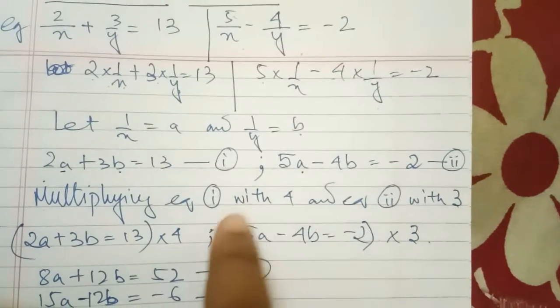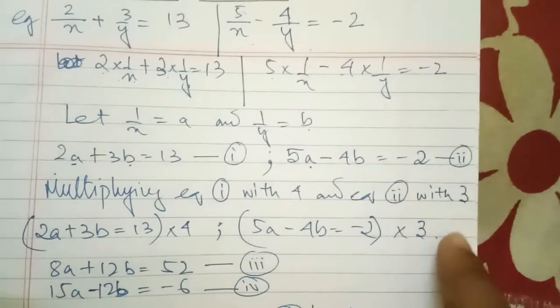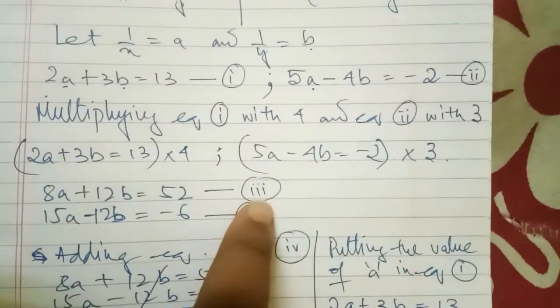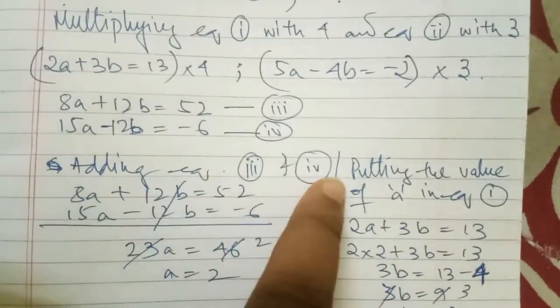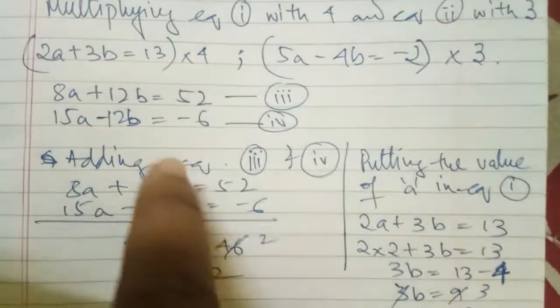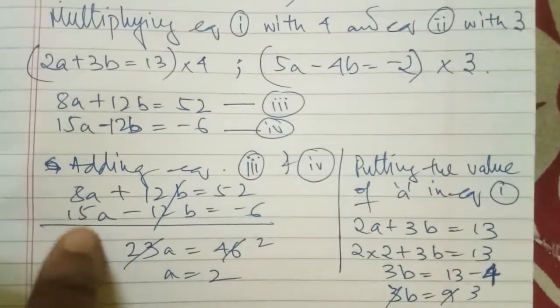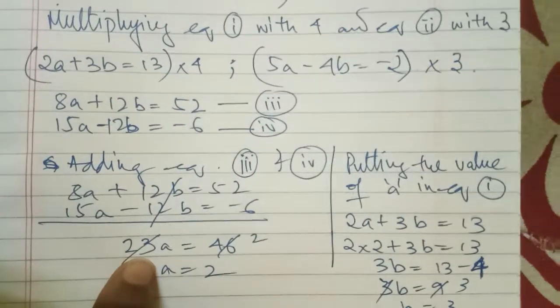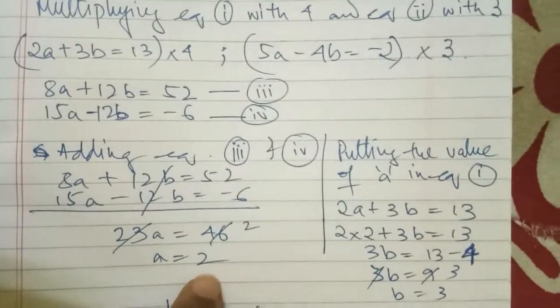Now I multiplied the first equation with 4, and the second equation I multiplied with 3, forming equations 3 and 4. Adding equations 3 and 4, plus 12 and minus 12 cancel out, and 18 plus 8 plus 15 is 23, and this is 46. After cancelling, a equals 2.